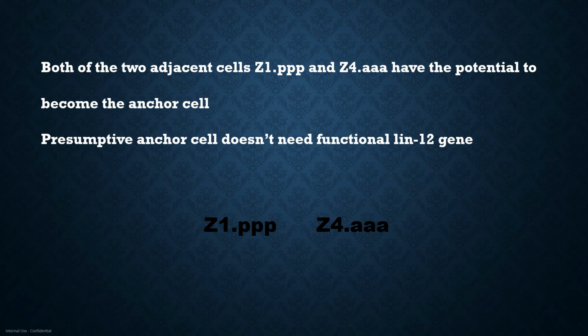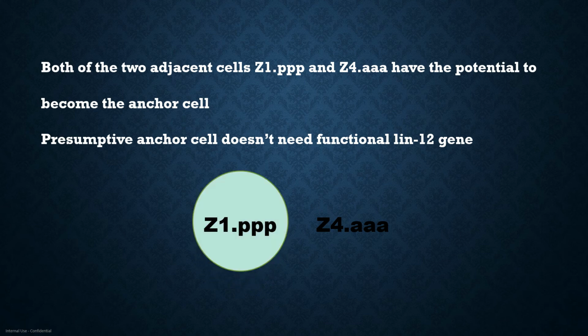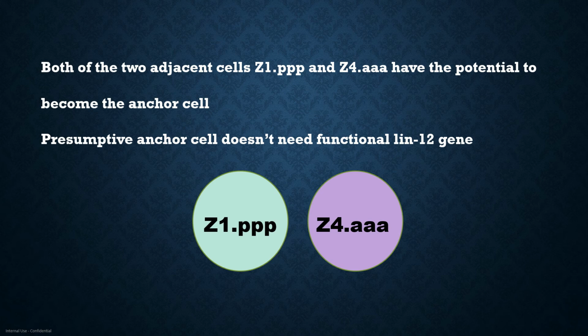In wild type C. elegans, there are two adjacent cells: one is Z1.ppp and the other is Z4.aaa. Both of these cells have the potential to become the anchor cell. They interact in a manner that causes one of them to become the anchor cell and the other to become the precursor of uterine tissue during the second larval stage.